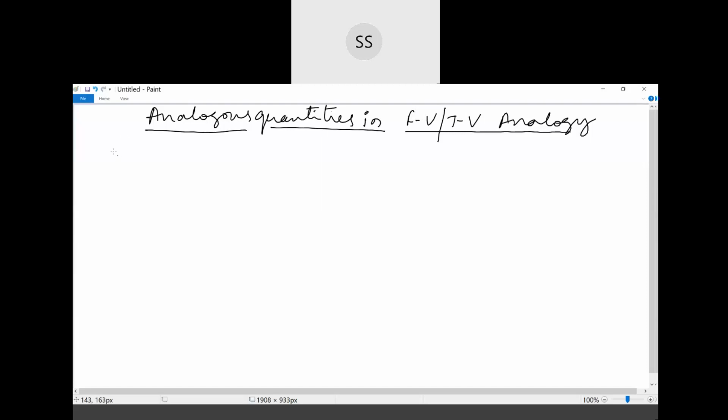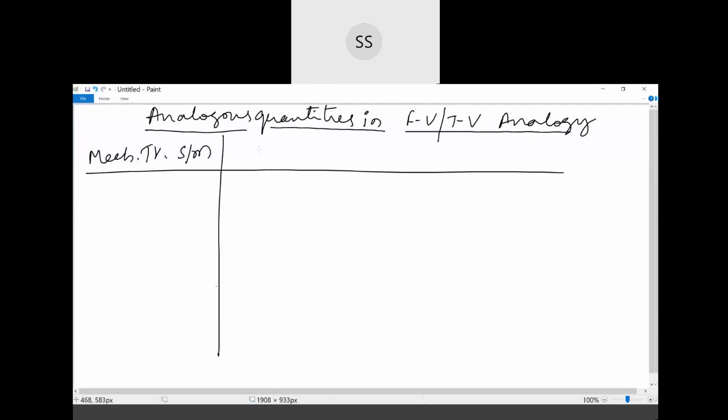In the first column, it will be the mechanical translational system. Next, we have the mechanical rotational system, and then the electrical system.